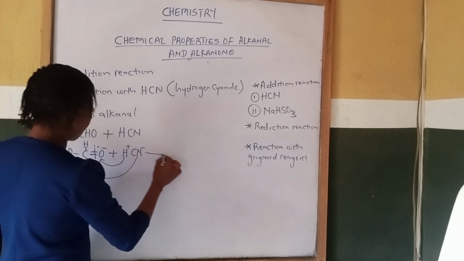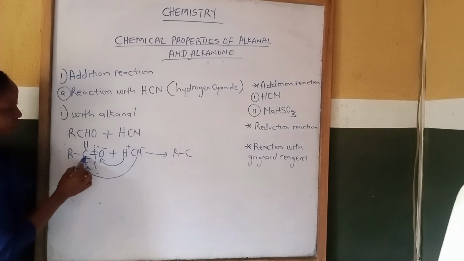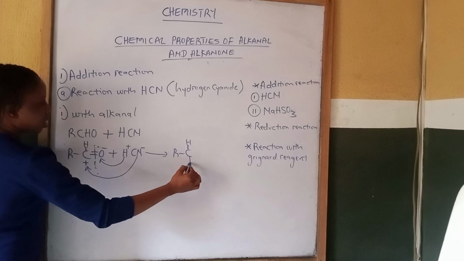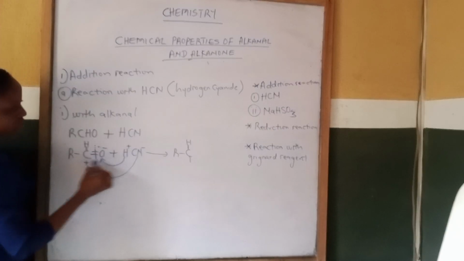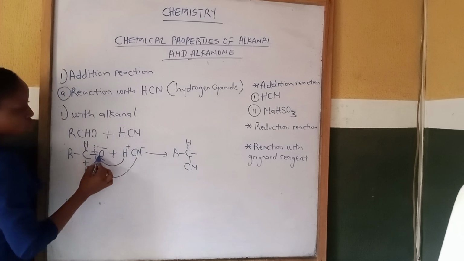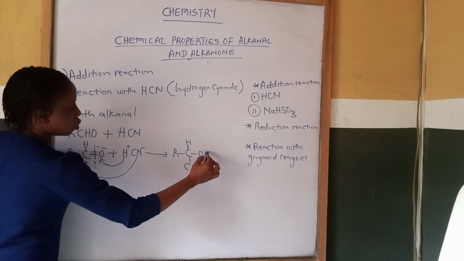So our product will be RCH, then the cyanide will come here, so CN. Then O will combine with hydrogen to give us OH.